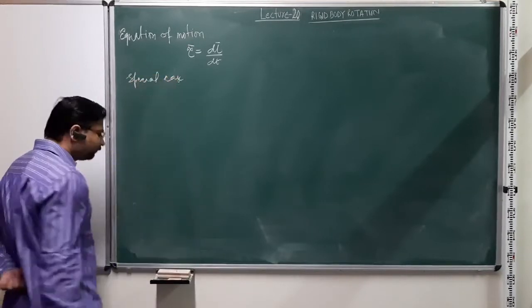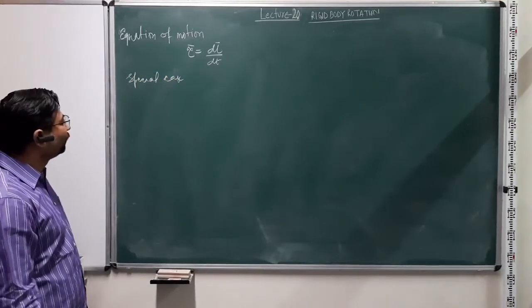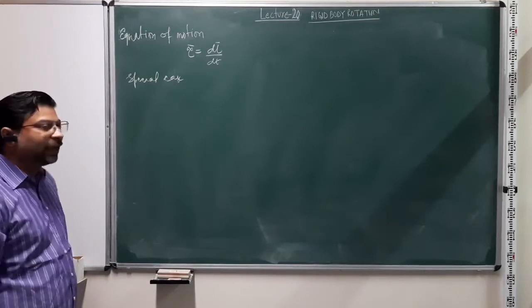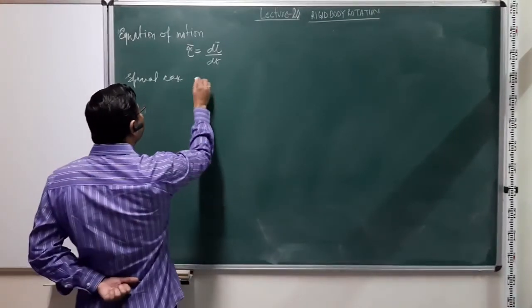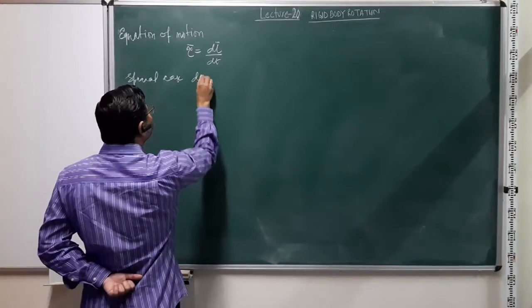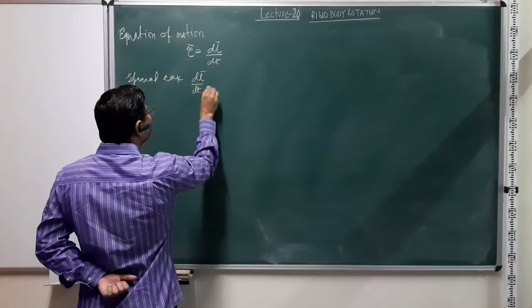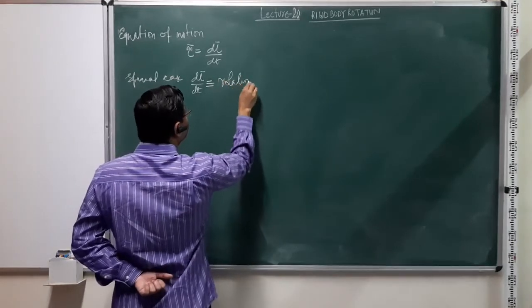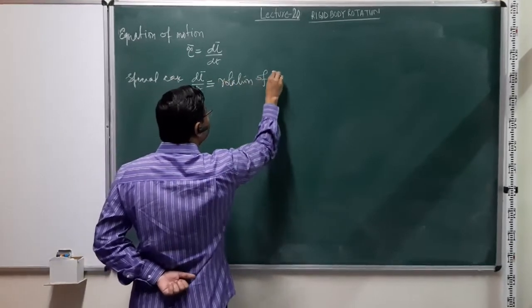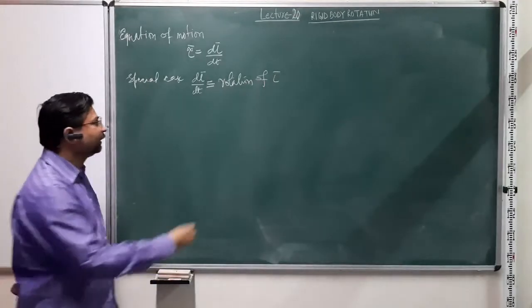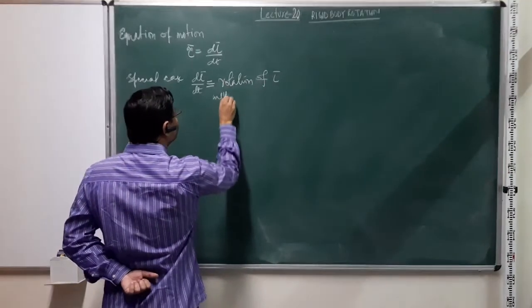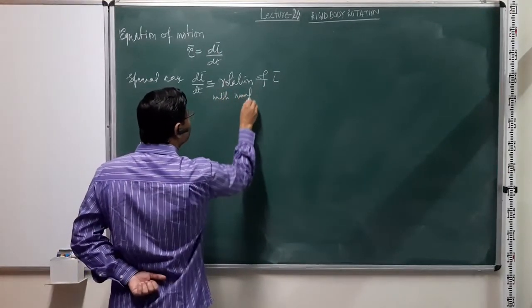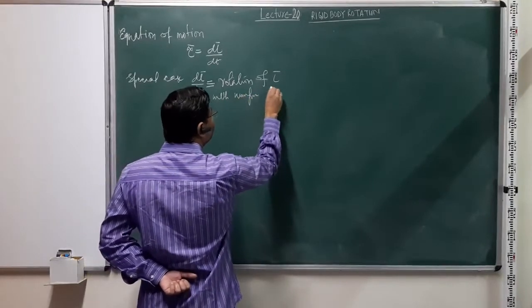In a special case where the rotation basically means that the rate of change of angular momentum, this dL over dt, is a rotation of this vector L with uniform omega.